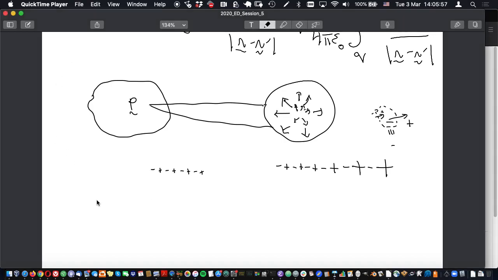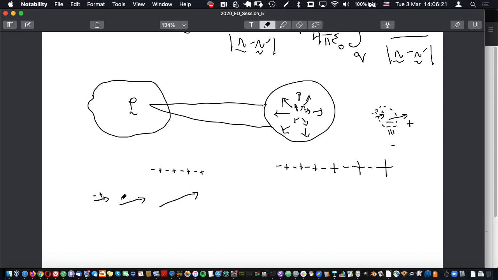Where I've got a series of dipoles, right? I've got a little dipole here, and then as I move along in this direction, I've got a bigger dipole, and then a bigger dipole like this. Let's imagine that I'm walking through my material in this direction. What do I mean by these dipoles? Here there's a little bit of negative charge, a little bit of positive charge.